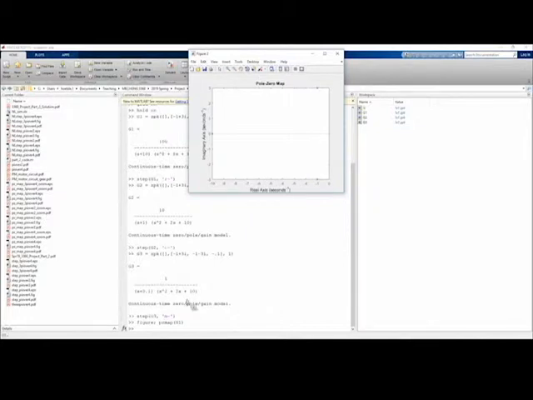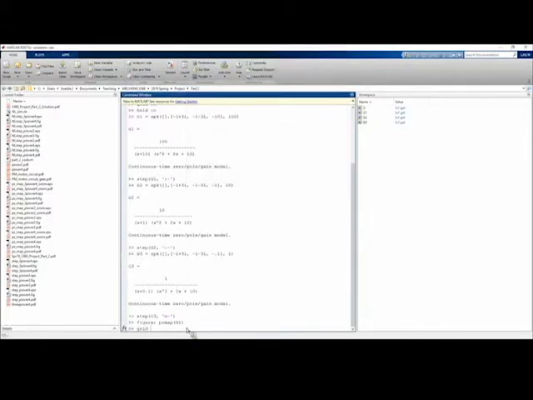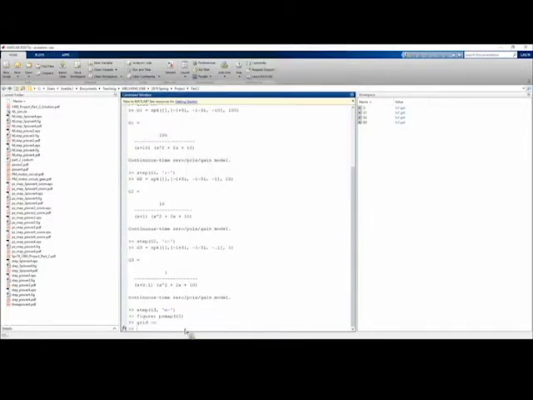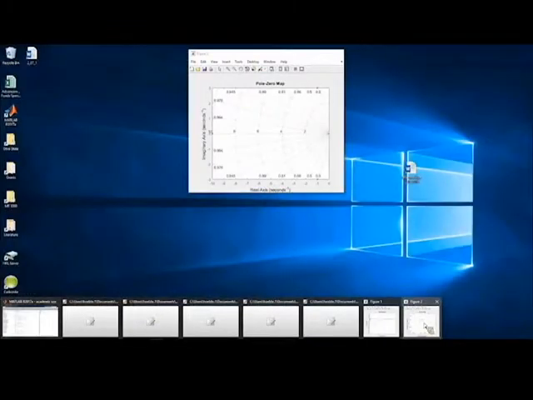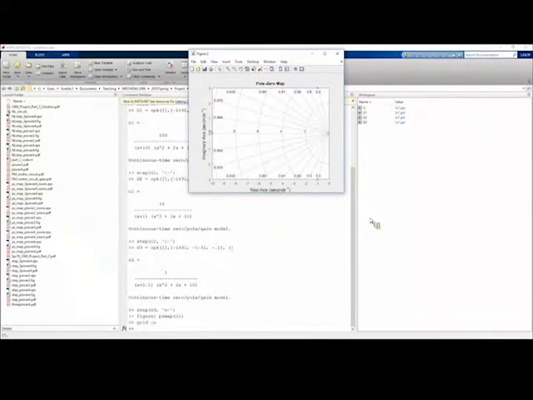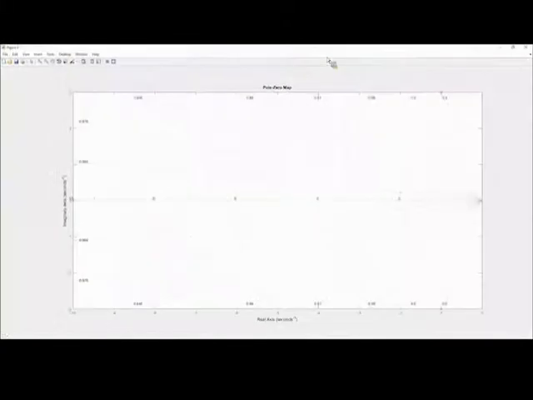Just one note as well: oftentimes when we say grid on, we get our Cartesian grid. If this is a pole zero map, it's actually going to put in level sets of natural frequency. Going back to Monday's lecture, we said that level sets of natural frequency are half circles.